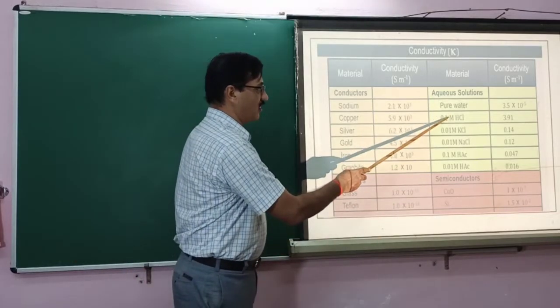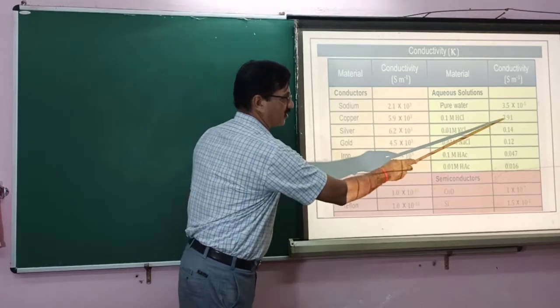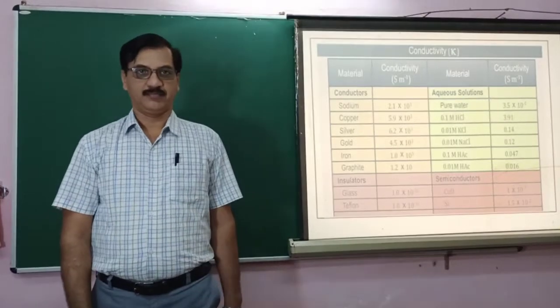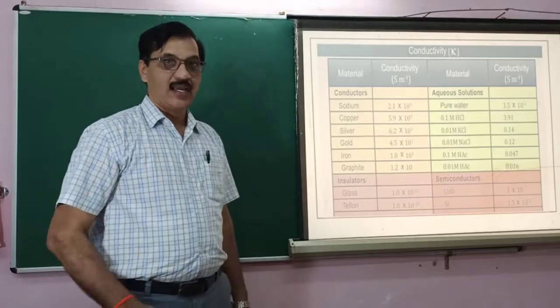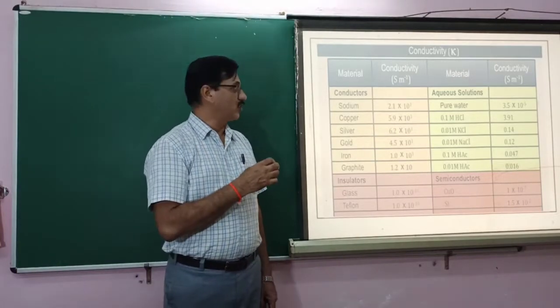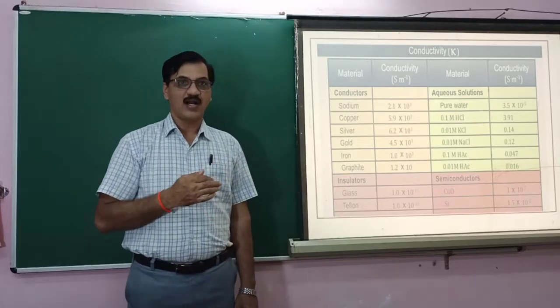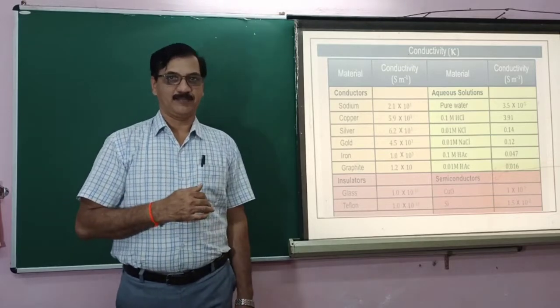But as far as solutions are concerned, 0.1 M, 0.01 M, it is 3.91 and 0.14. It is meager. What is responsible for it? And what are the variations with the concentration of solutions? All these are the part of the study of this particular lesson.